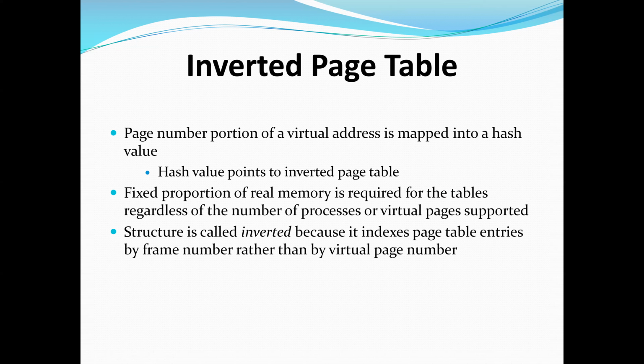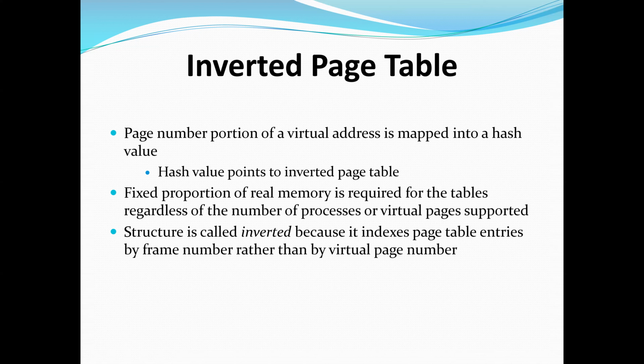In this approach, the page number portion of the virtual address is mapped into a hash value using a simple hashing function. Then the hash value is a pointer to the inverted page table, which contains the page table entries. There is one entry in the inverted page table for each real memory page frame, rather than one per virtual page.